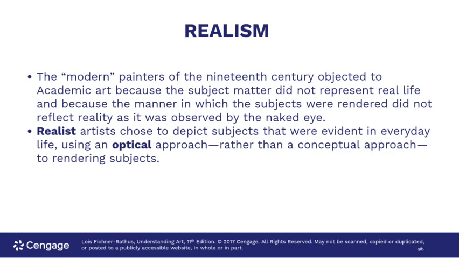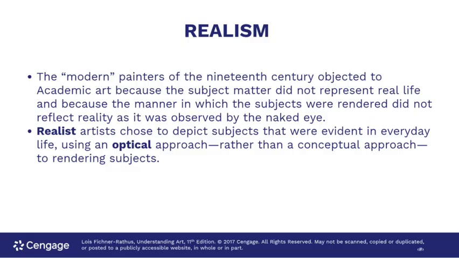And that is what brings us to realism. The modern painters of the 19th century objected to academic art because the subject matter didn't really represent real life, and because the manner in which the subjects were rendered did not reflect reality as it was observed by the naked eye. So things were kind of idealized.